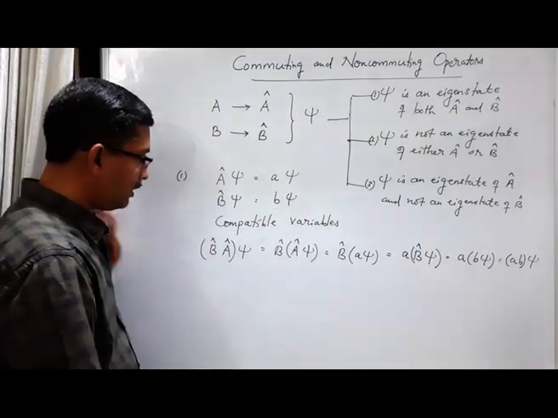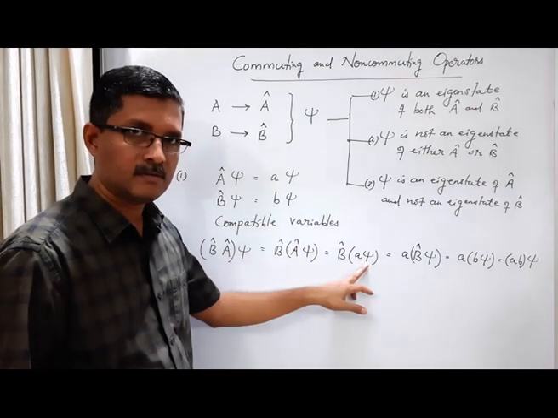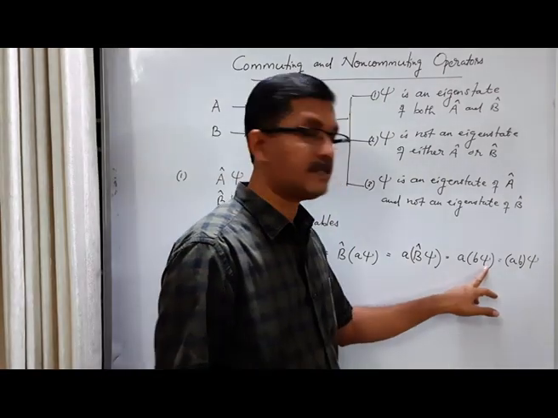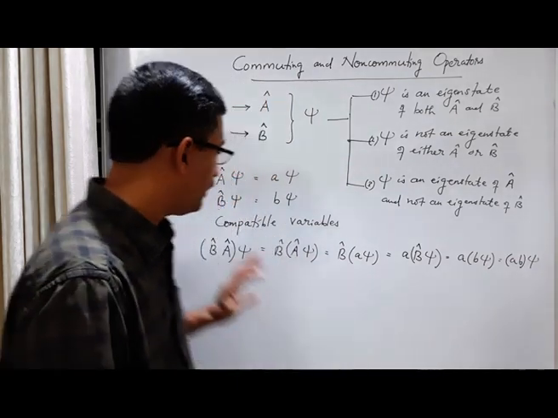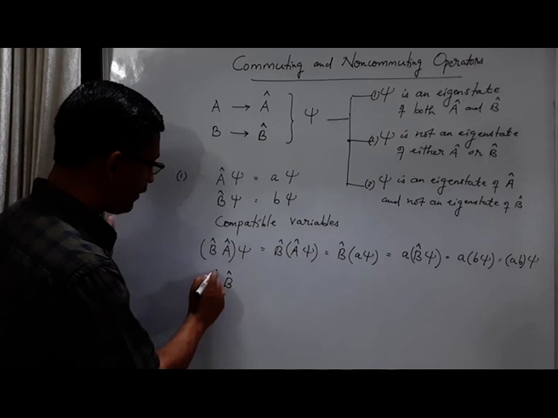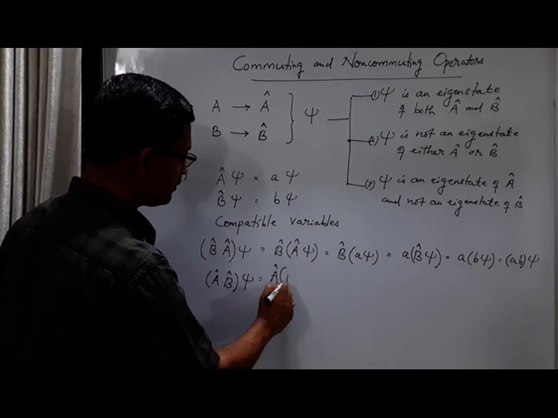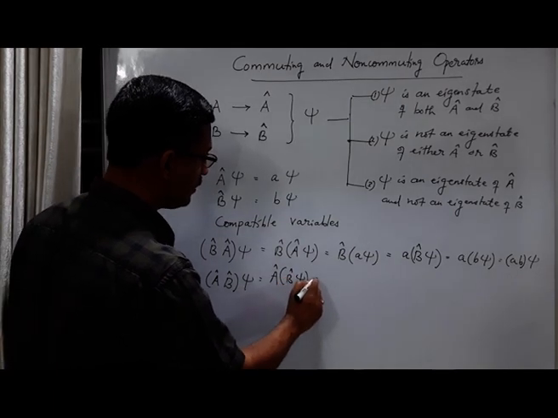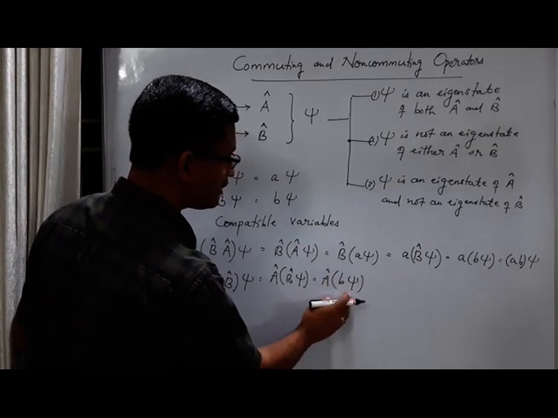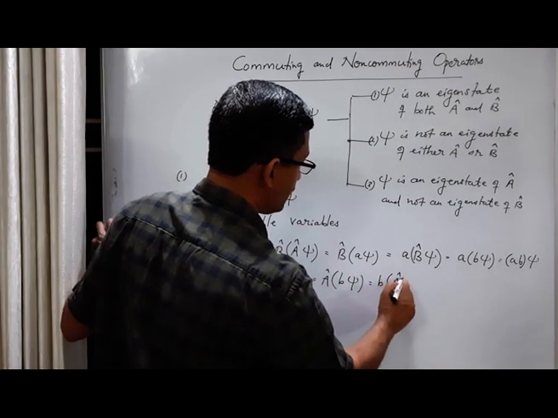Let us change the order. When A acts on psi, the state psi does not change. It remains the same state because it is the eigenstate. When B acts on psi, again the state psi does not change. Let us reverse the order. This time we measure B first and then A. We can write this as B first acting on psi, and when B acts on psi we get small b times psi, the state does not change, and this is B times A psi.